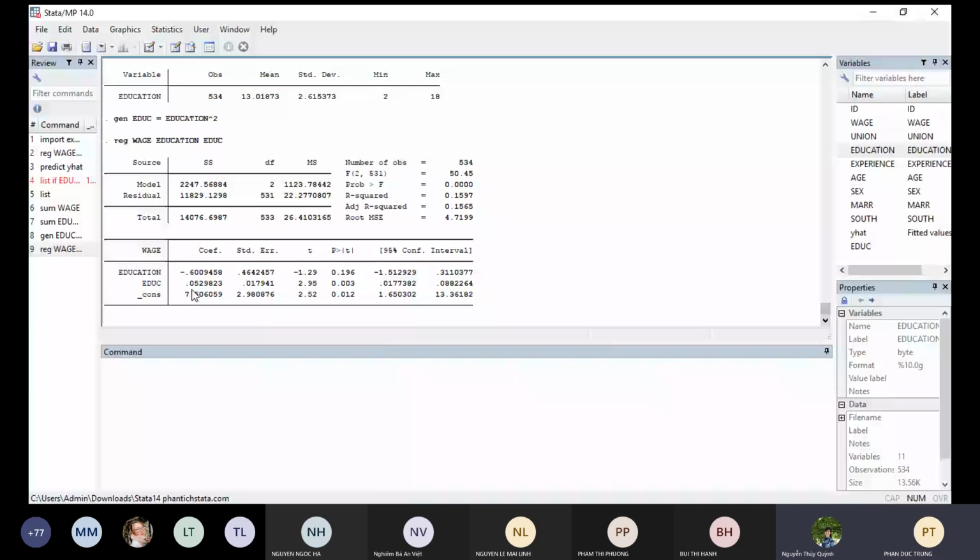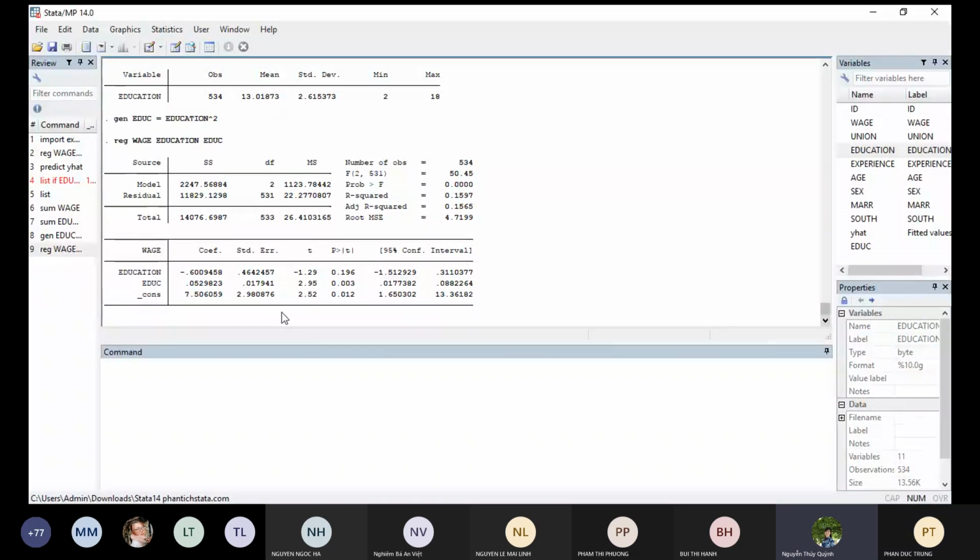It is 7.506. Okay, I see it. So wage i is equal to 7.506 plus minus 0.6 times education plus 0.05 times edu plus u i hat. Yeah, that will be your sample regression model, right?